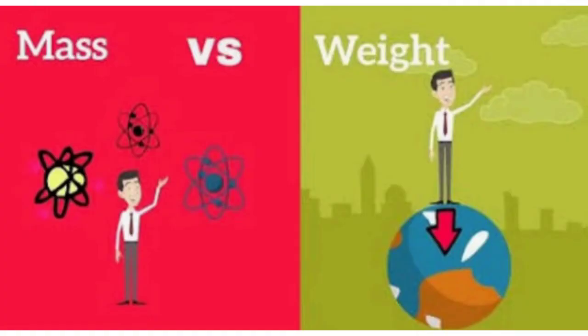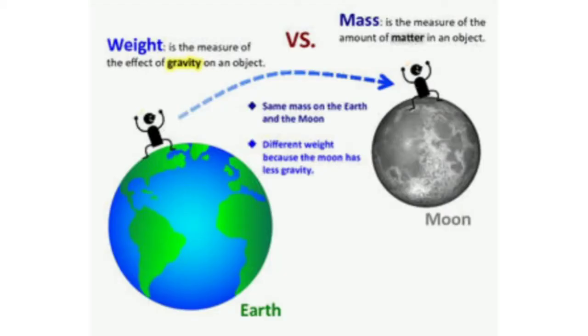Now, we can compare the mass and weight of an object. Mass is a property of matter. Weight depends on the effects of gravity.